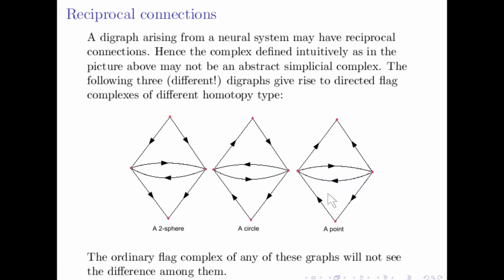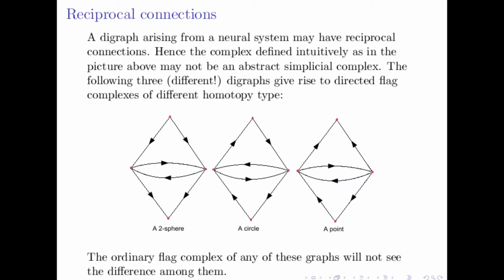And this guy here is going to be just like a sphere with a hole in it. So what you're going to get here is basically of the homotopy type of a point. So the directed flag complex actually does give you a way of saying something about the directionality of the graph that created it.